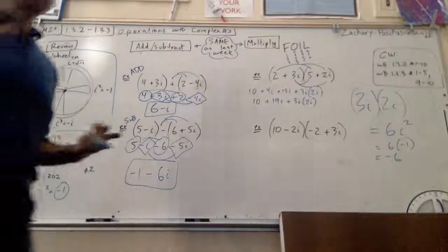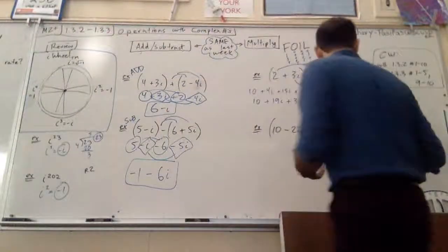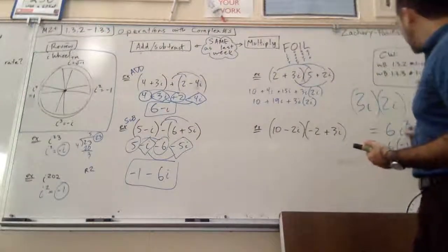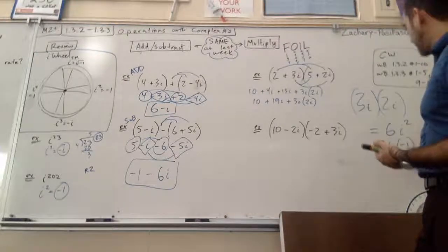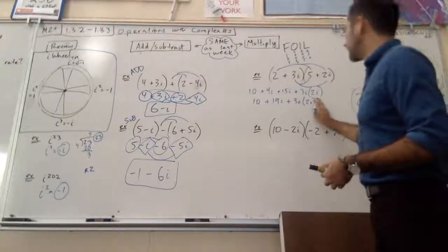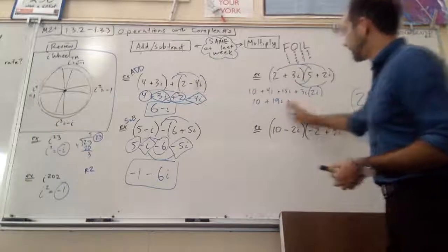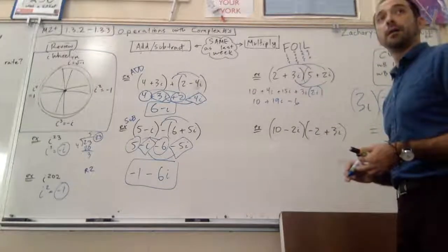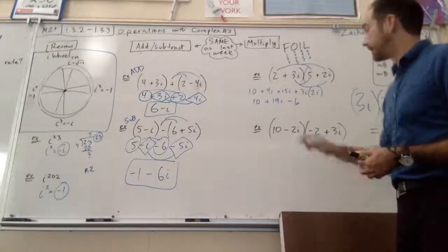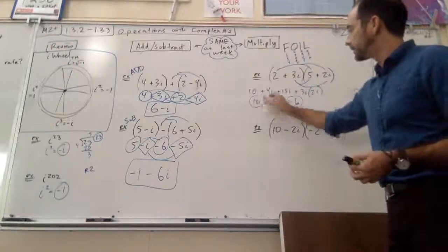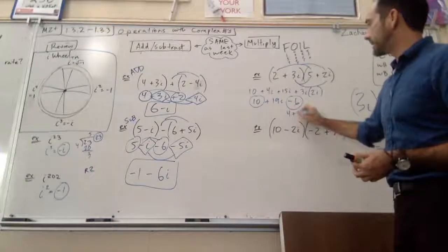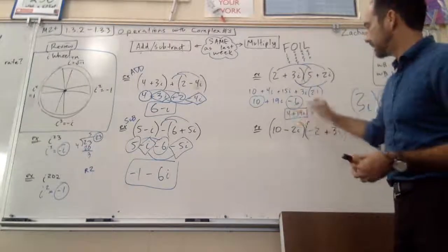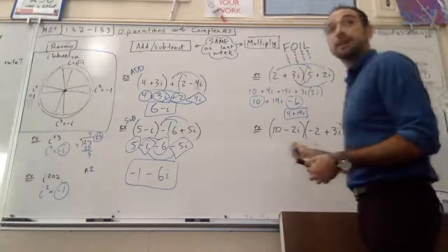Can't combine it with our whole numbers, but we can at least deal with it. i to the second power is -1. So I'm going to erase this part and put -1, 6. And then what are the last terms I can combine? 4 plus 19i.